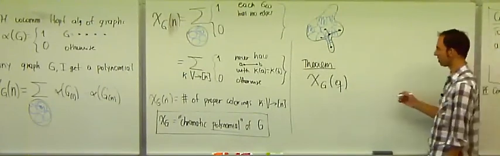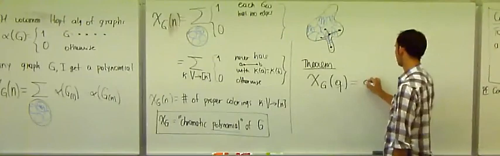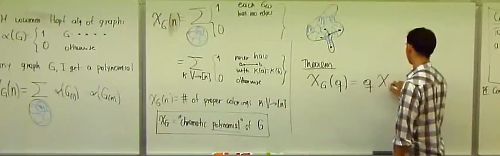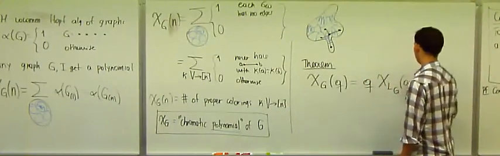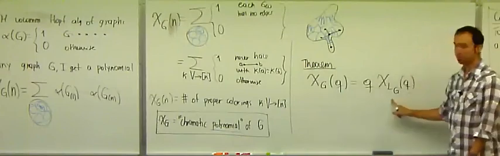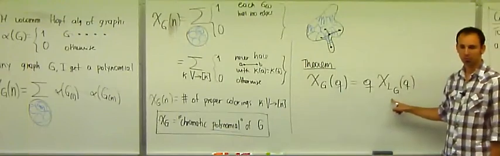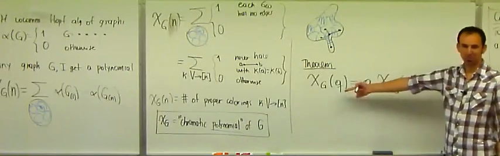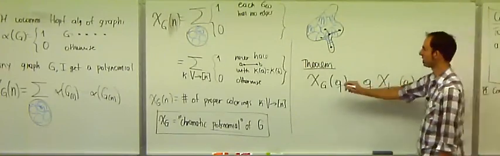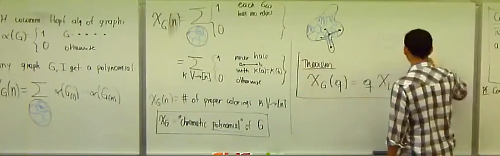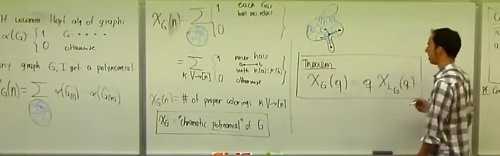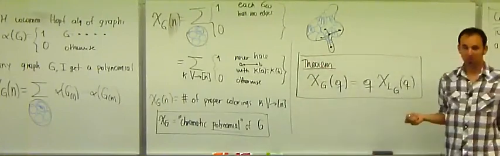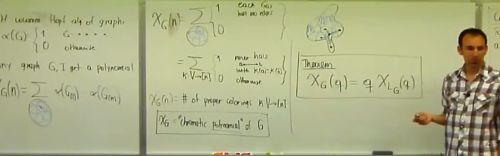Almost. The only difference is a factor of q. So this is the one you computed in your homework. And this is something about coloring graphs. And they actually are the same thing, even though they're constructed in very different ways.